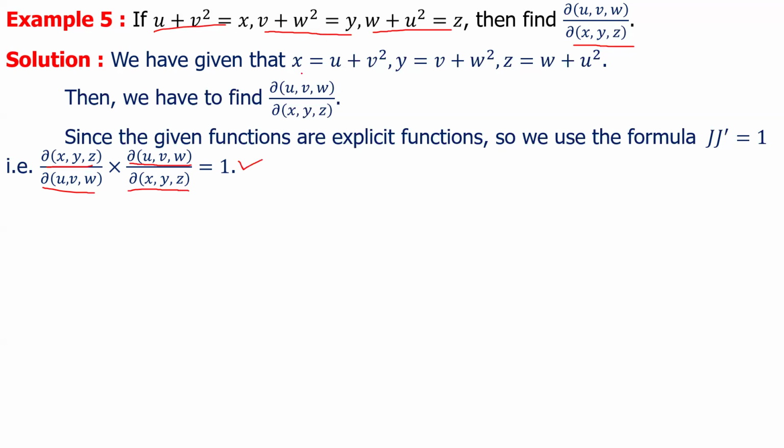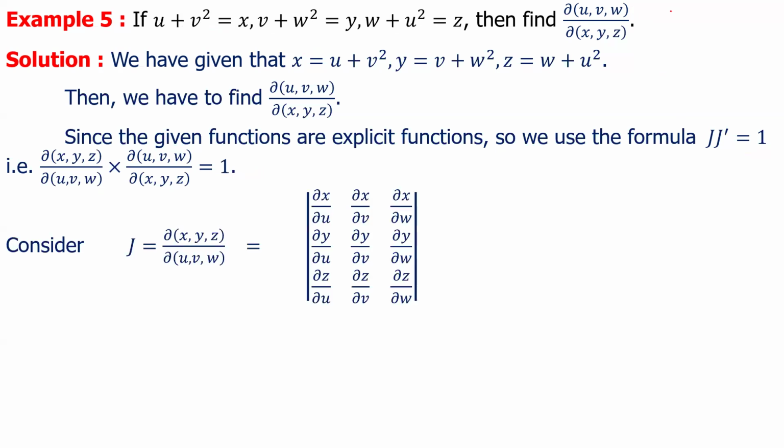Now in this example, just look here. x is a function of u, v, w, y is a function of u, v, w, z is a function of u, v, w. So we are able to find the Jacobian of x, y, z with respect to u, v, w, and then if we apply the formula JJ' equal to 1, we can easily find the Jacobian of u, v, w with respect to x, y, z.